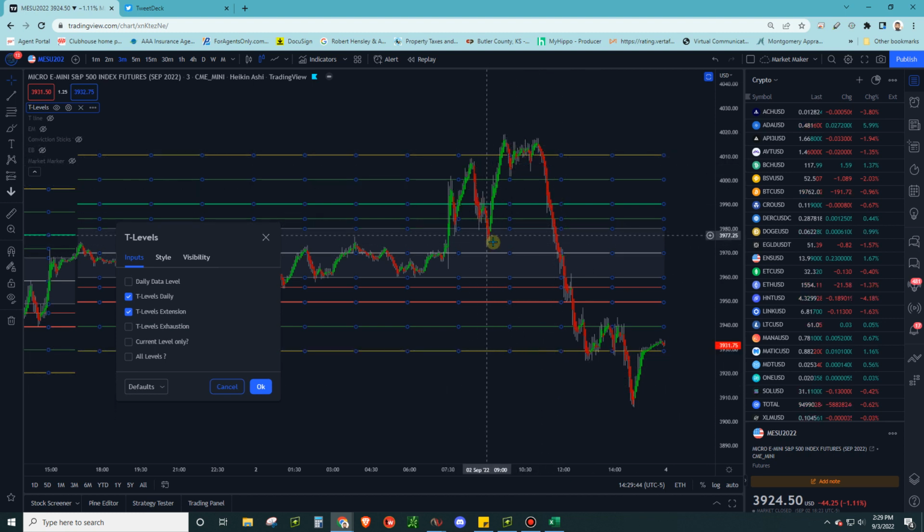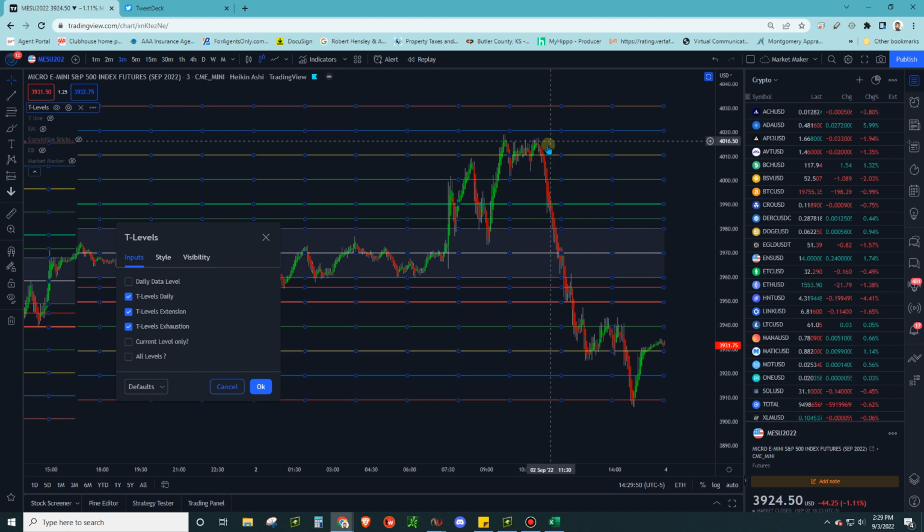So it came back into this little zone, ripped back up, and then it basically became extremely overbought here. And in this type of market, there was a pretty clear choice of what was going to happen once that was going to fail.